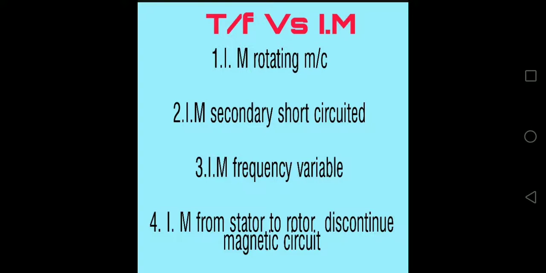In an induction machine the frequency is variable from stator to rotor. But in a transformer, the frequency is constant from primary to secondary. Coming to the fourth point, in an induction machine from stator to rotor there is a discontinuous magnetic circuit. That means there is a gap between stator and rotor in an induction machine, but from primary to secondary it is the same magnetic circuit.